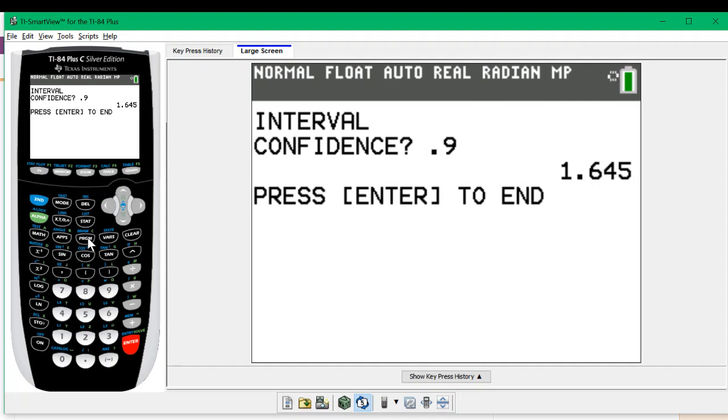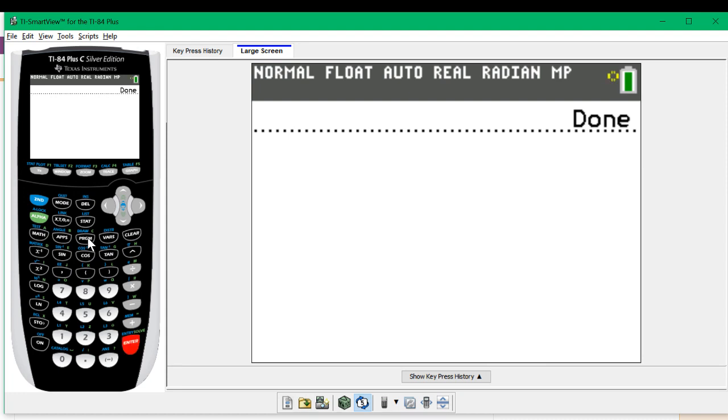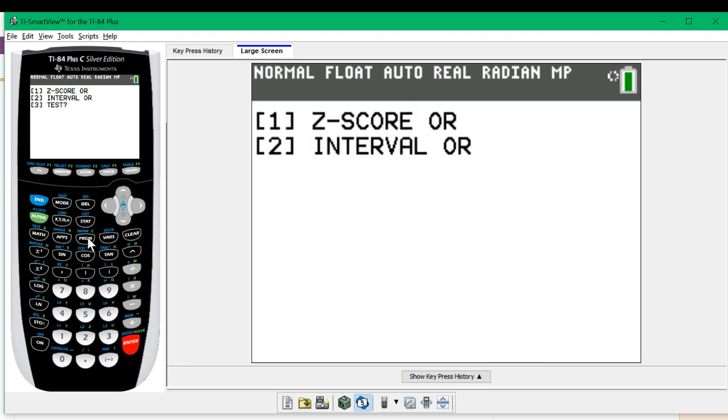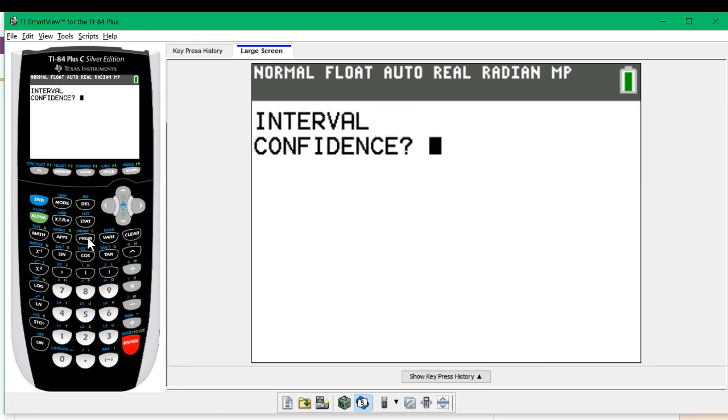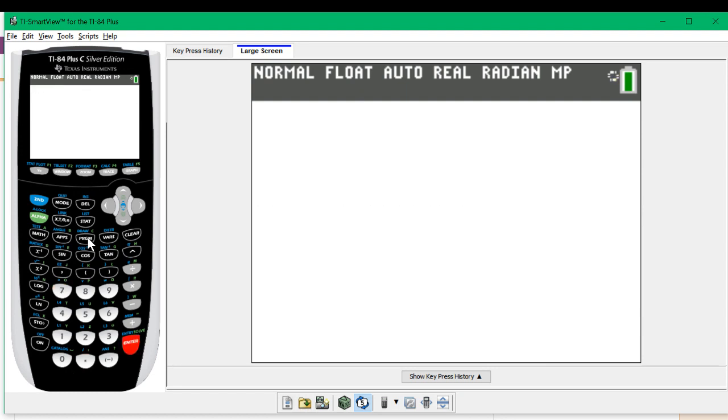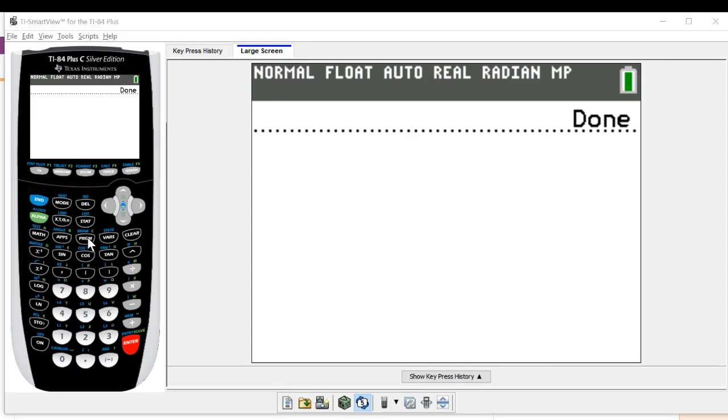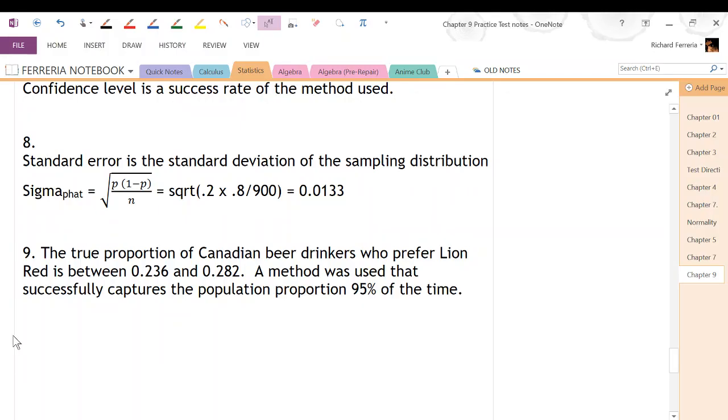Okay, if you want 0.7, you'd put a 0.7 there, and you get 1.036. 10. Z star equals 1.036. Did I remember that right? Yeah, I did.